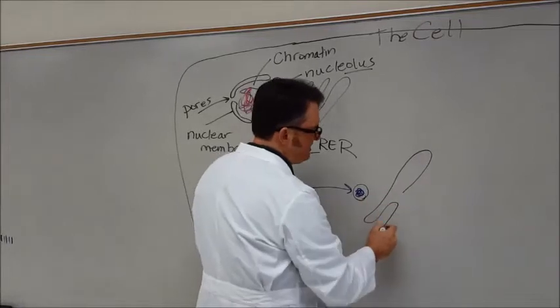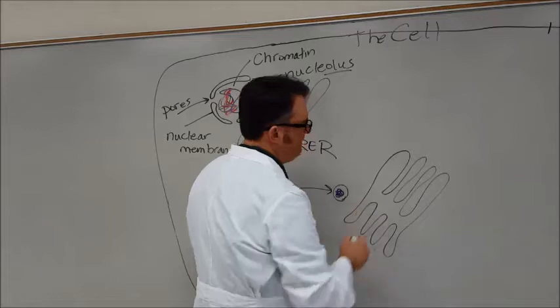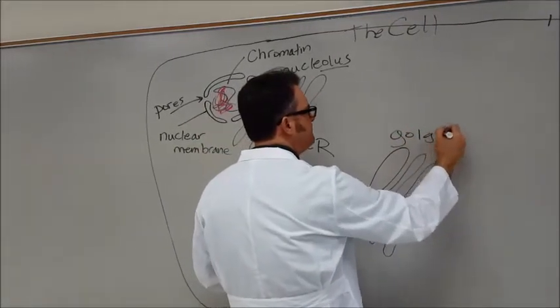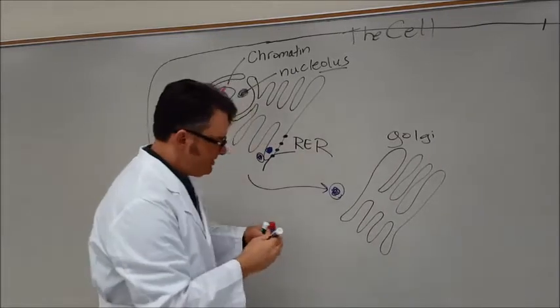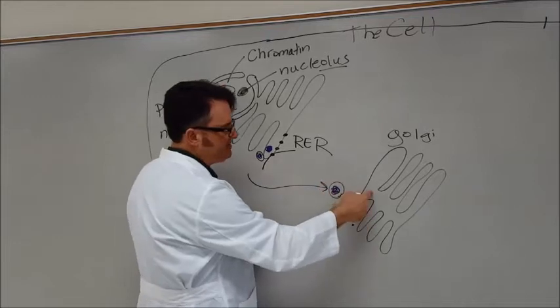The Golgi apparatus is very similar to the endoplasmic reticulum, but it is a final processing center for items made inside of the cell. So as you can see, once again, instead of leaving, this one is arriving.